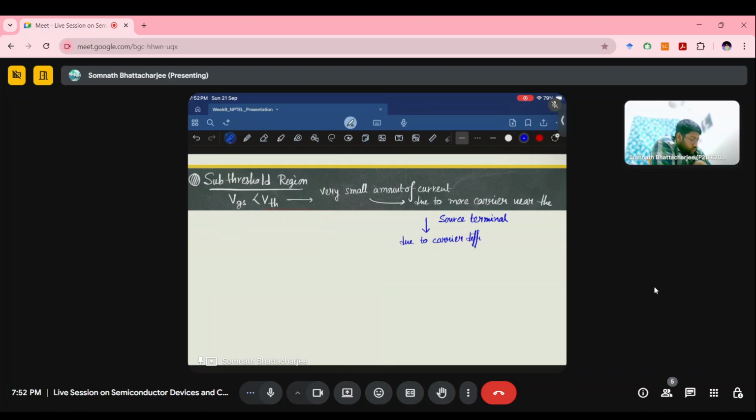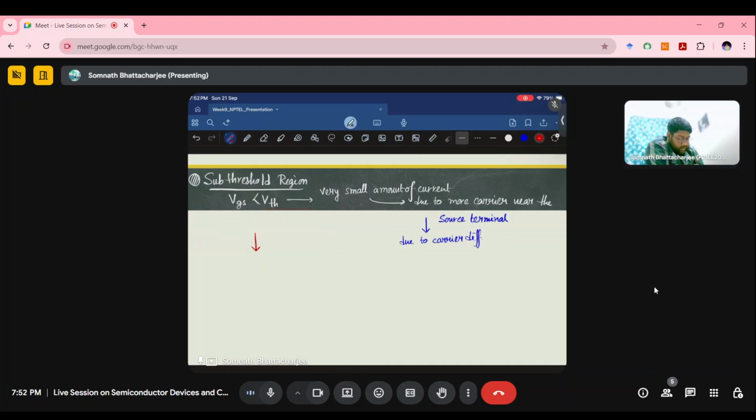Due to the presence of diffusion, more charge carriers will be present near the source terminal, and based on that, there will be a very small amount of current present, even if the gate voltage is not exactly at VTH or even higher than VTH. There will be a certain low amount of current, and this region is called the subthreshold region.